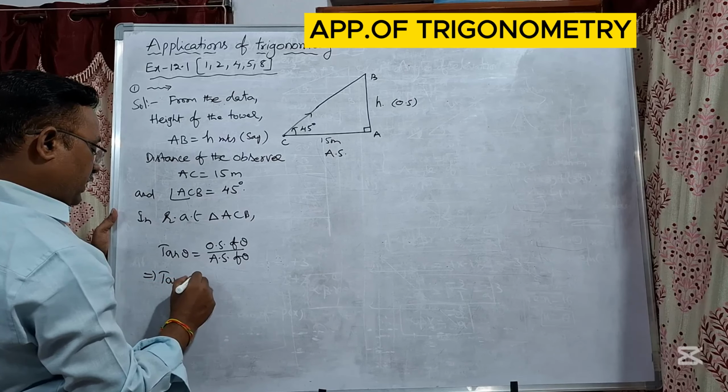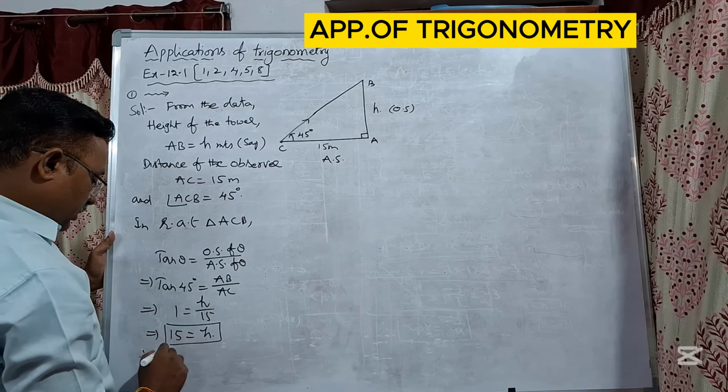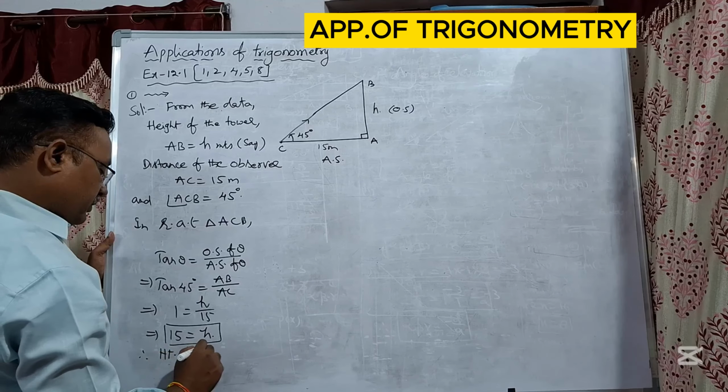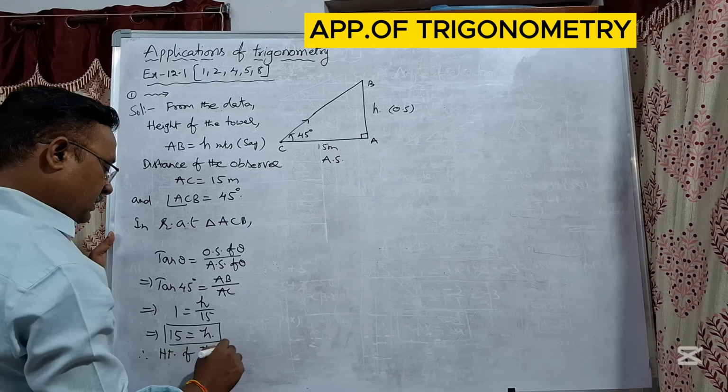Cross multiply them. This implies 15 into 1 is 15 equal to H. This is the answer, but conclude it. Therefore, the height of the tower is equal to 15 meters. That's it. Now, see the next question, second problem.